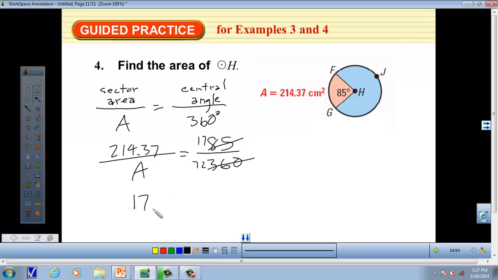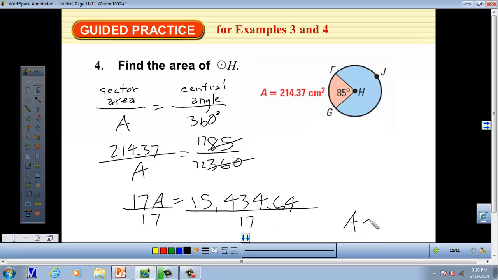So we'd end up with 17a on this side, and on the other side we'd end up with 72 times 214.37. That would give me 15,434.64. We're going to divide both sides by 17, and the area is going to be 907.92. So we end up with 907.92 square centimeters.